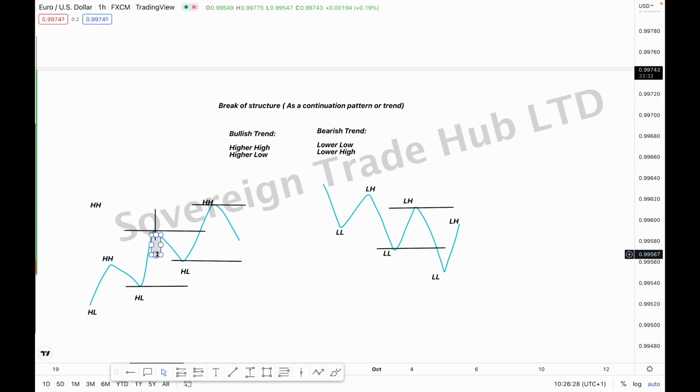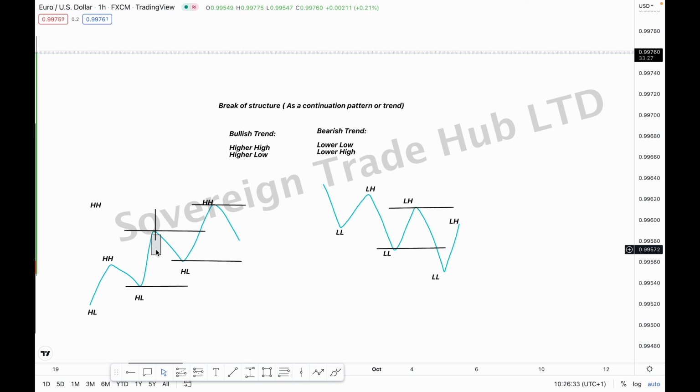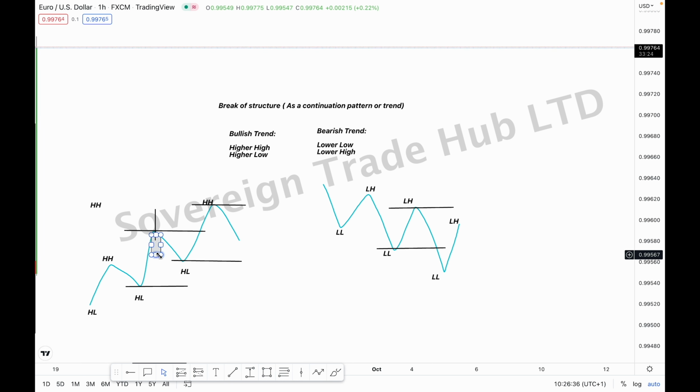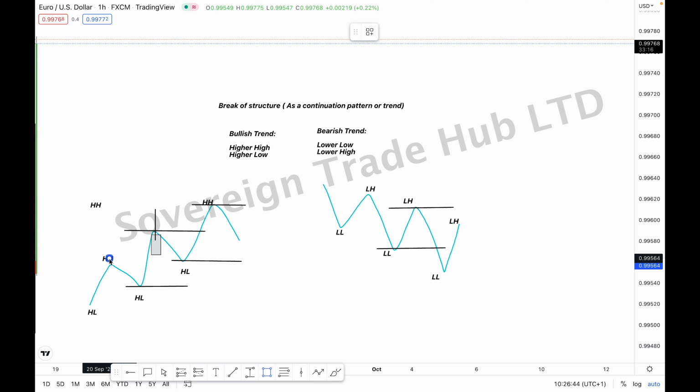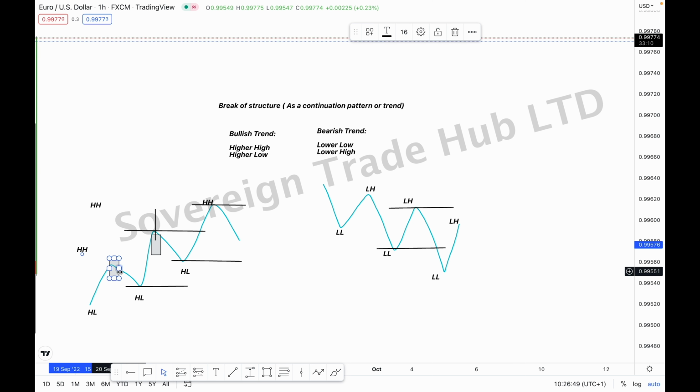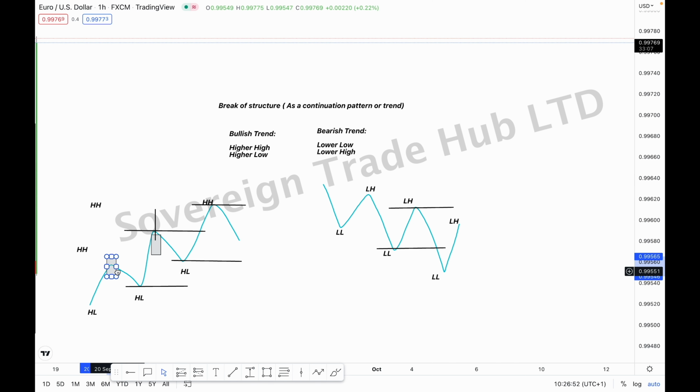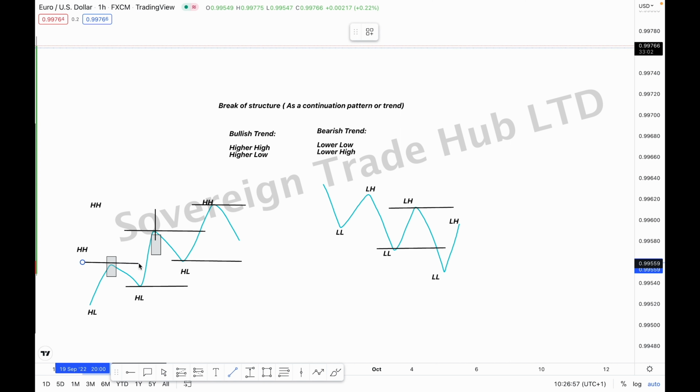We'll say the market wicked through that level. I will not feel safe trading it. To me, this is not a continuation. I will only feel safe trading this level if I notice that the market closed with a full body candle above this level. The market must close with a full body candle. At least we are looking at the candle close now, not the high, but the candle must close above.